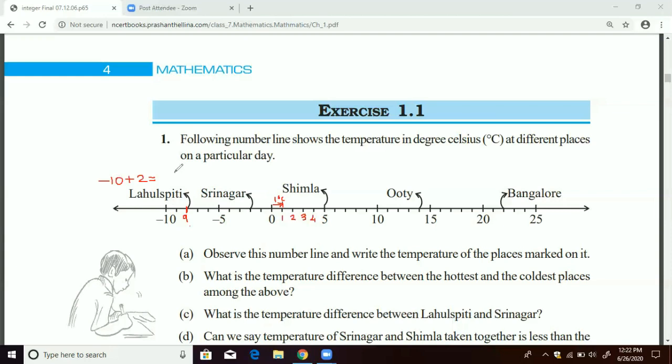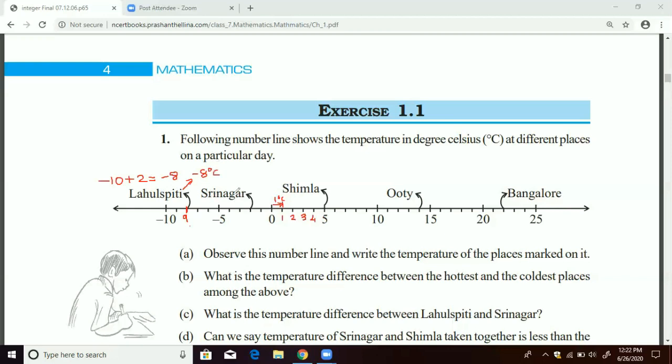The difference between 10 and 2 is 8. The number having the greater absolute value is 10, and its sign is negative, so we put negative in the answer. So -8 degrees Celsius is the temperature at Lahaul Spiti.